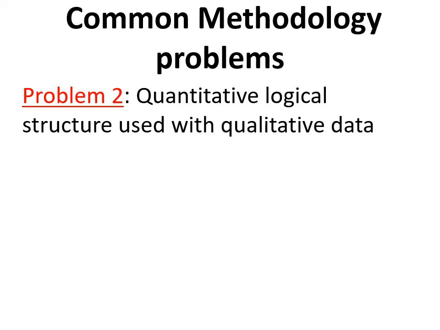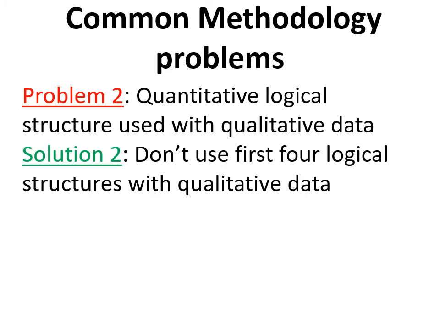Those are the first 4 of the 10 logical structures. Those require quantitative data. So make sure that if you're using those, that you identify the kind of quantitative data you need. So there's the solution, right? Don't use the first 4 logical structures with qualitative data.